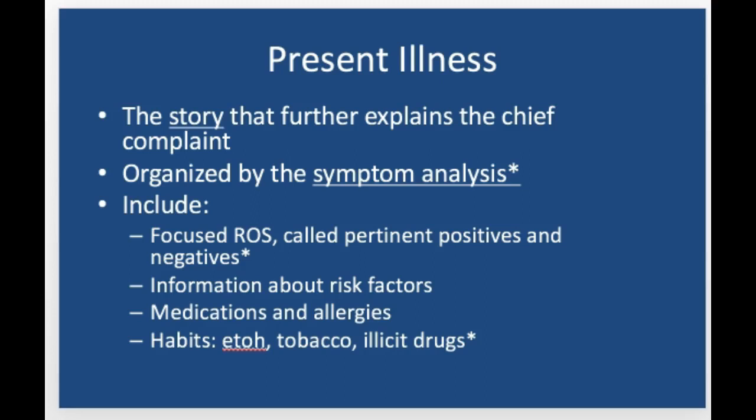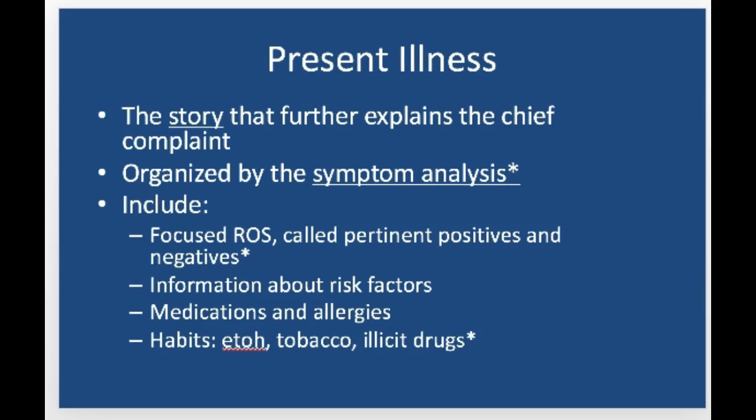You should include medications and allergies. And you may even include habits like tobacco, smoking, and illicit drugs. This part is actually social history sometimes, or past medical history, but some people, especially nurse practitioners who really focus on health assessment or who really focus on health promotion, tend to put it here. That way they can address it every single time.